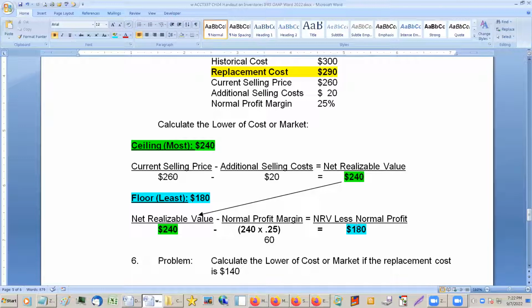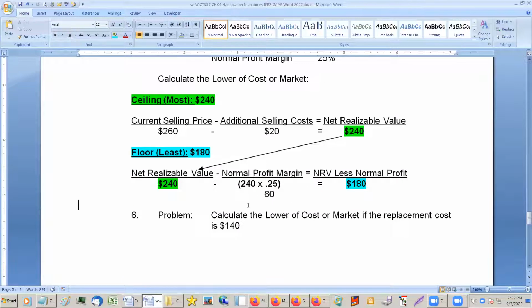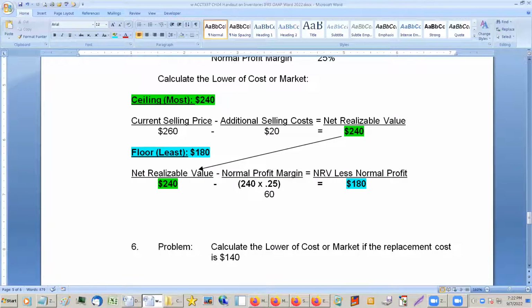Whatever one's in the middle is going to be the one you're going to pick. And in this case, 290, 240, 180. Well, 240 is right in the middle between those two, right? So the lower of cost or market is 240.